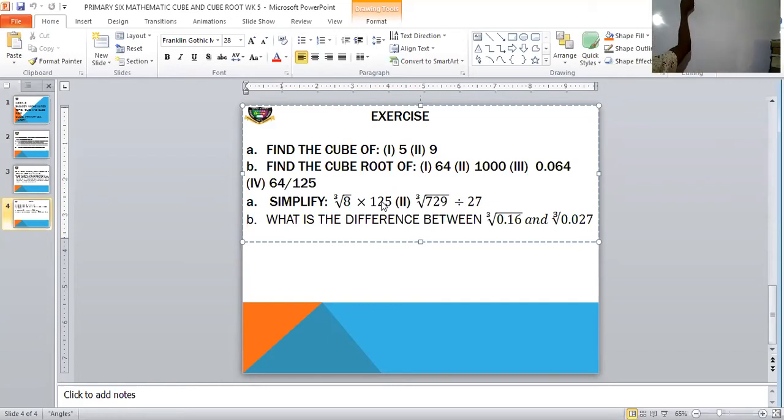So we have simplify. Number 1, you have the cube root of 8 times 125. Number 2, you have the cube root of 729 divided by 27.